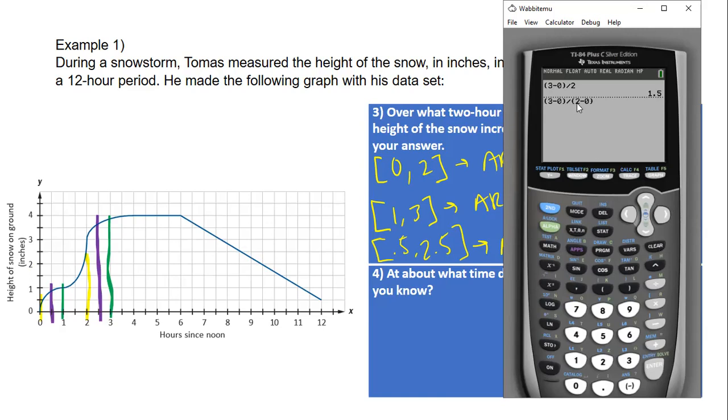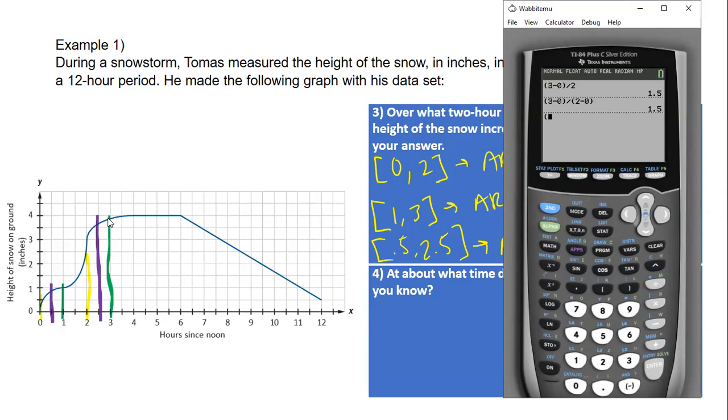So my ordered pairs are 2, 3, and 0, 0. And then I hit enter and I get 1.5. We're going to do it again. So I'm going from 1 to 3, but it's y2 minus y1. So I'm going to start with my x2, right? So I go to 3.